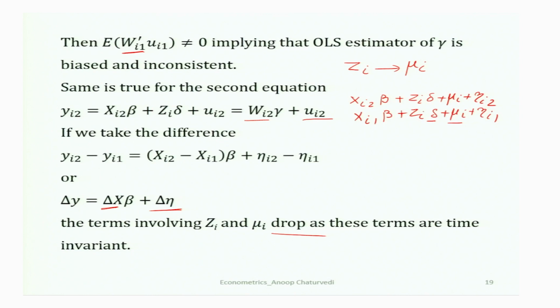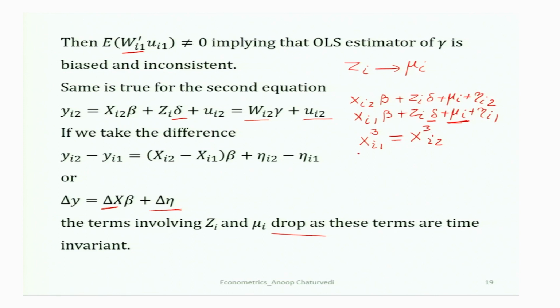But one thing you must notice is that you cannot estimate delta, or even mu I. Or if you take the first differences, and there are some x's which are not correlated with mu's, but which are time invariant, meaning there is some particular variable, say x I t, for some specific value of k, say k equal to 3, and suppose this variable does not depend upon t, meaning x I 1 3 is equal to x I 2 3.